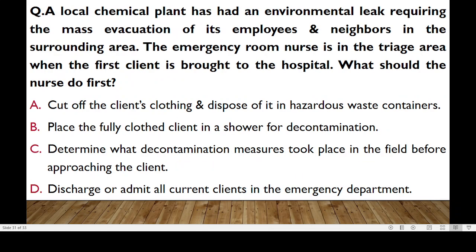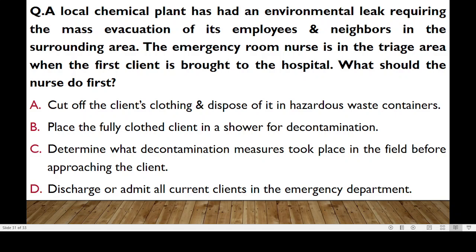So this is one of the questions that are related to triaging. We're being asked that a local chemical plant has had an environmental leak requiring the mass evacuation of its employees and neighbors in the surrounding area. The emergency room is in the triage area when the first client is brought to the hospital. What should the nurse do first?